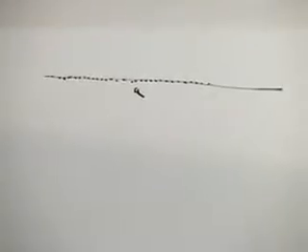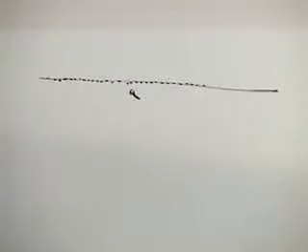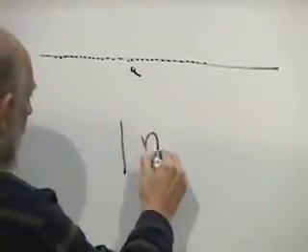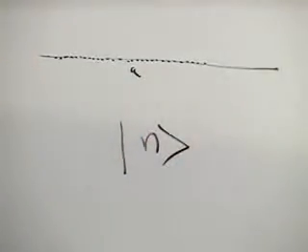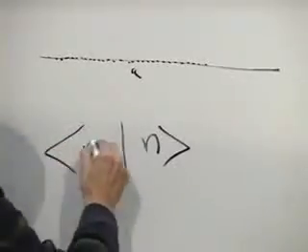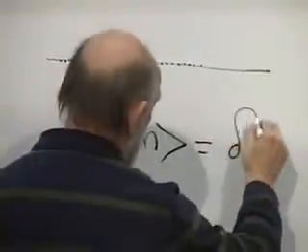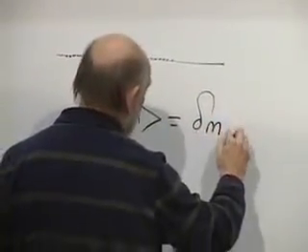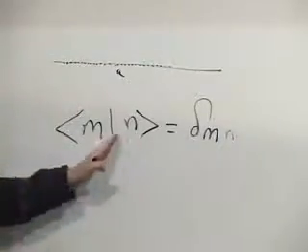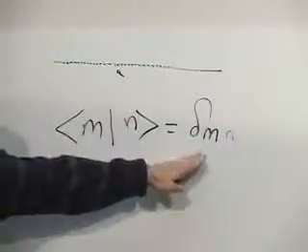Then, instead of labeling the particle by a position on the line, we might label it by which of these n sites it's at. We could then use the standard definition, delta nm. The implication of this is that the inner product of one of these with itself is just 1.